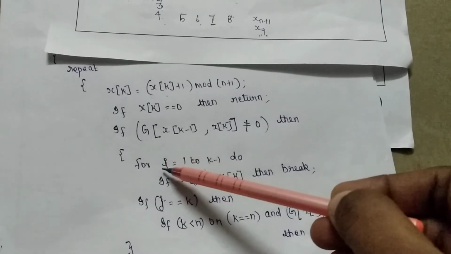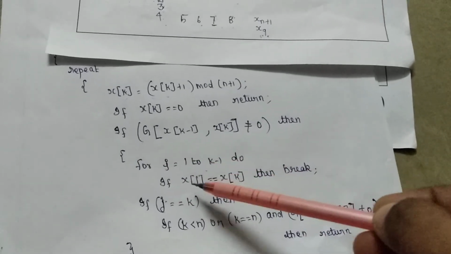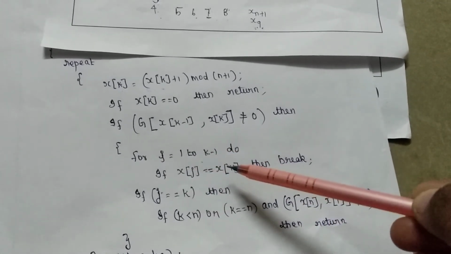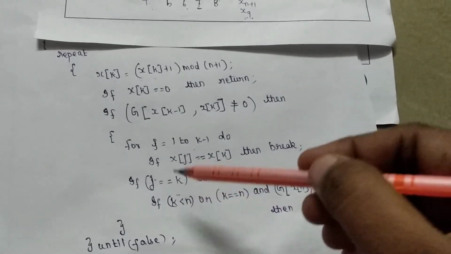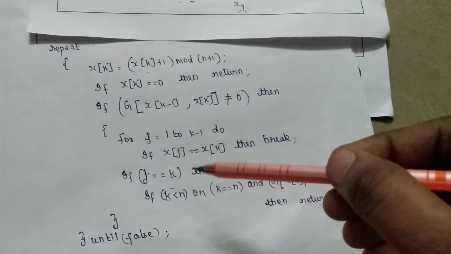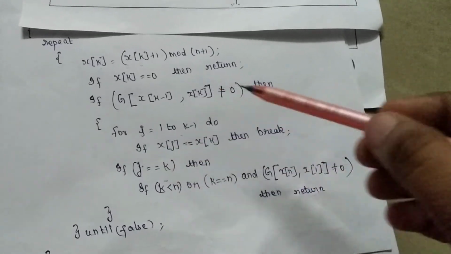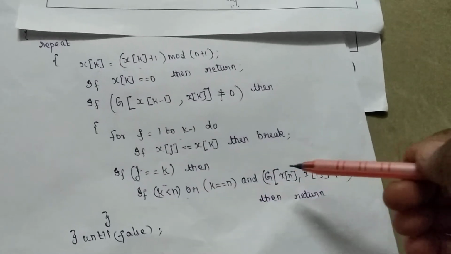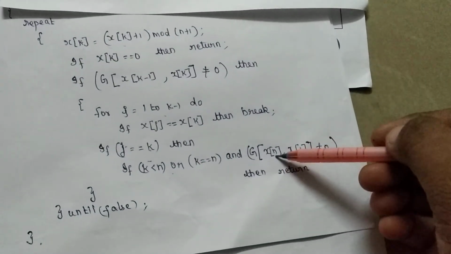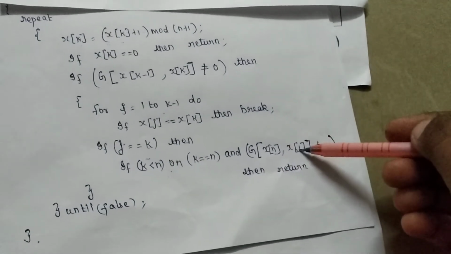So we have to check from 1 to k minus 1. If any one of these vertices is not the same, then this is a distinct vertex, and also we have to check if this is the last position. That means this vertex is not visited before, and now we have to check if this vertex will lead to the starting position, right?